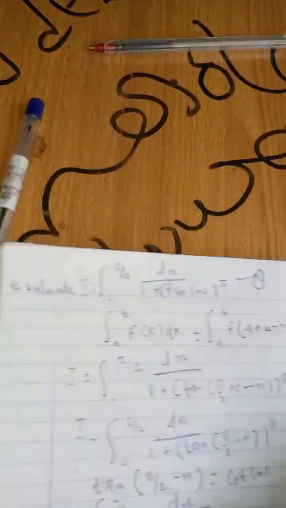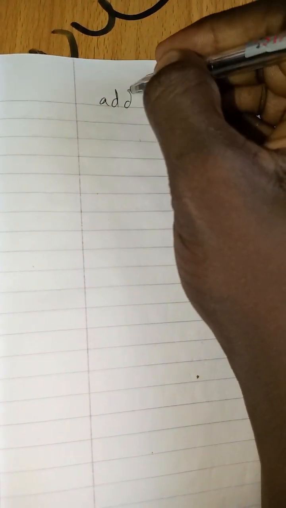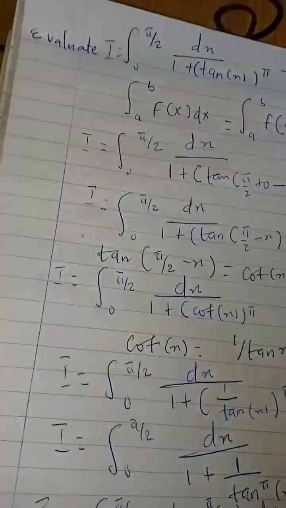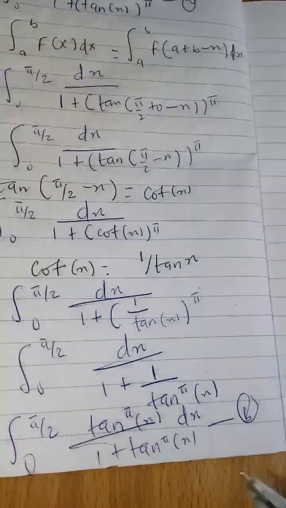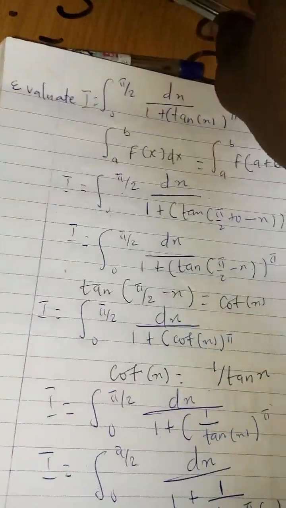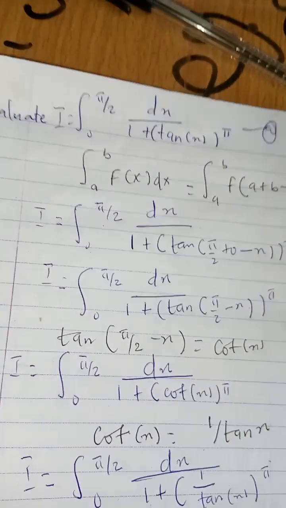Now adding both integrals, A and B. That is, we are adding the two integrals together.